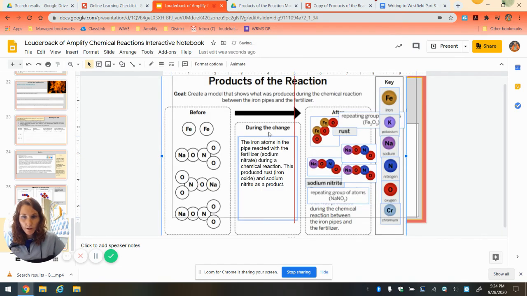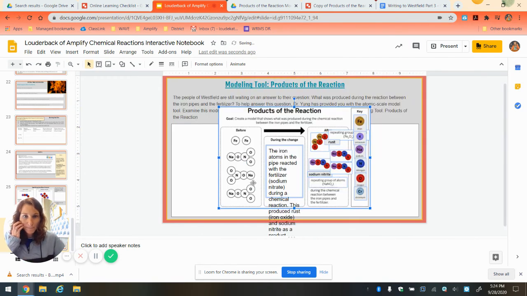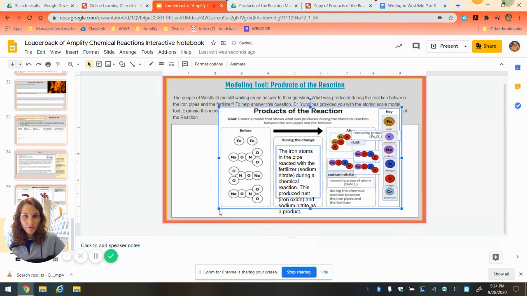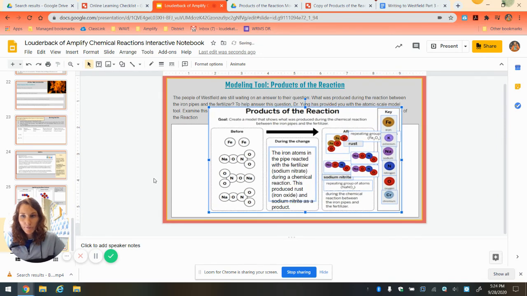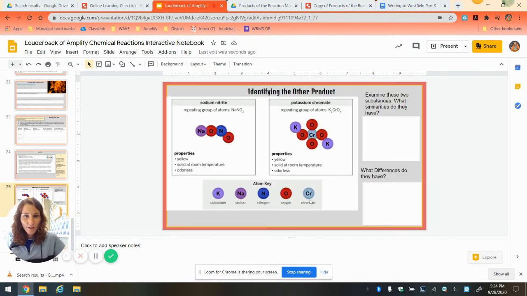Okay, and obviously I'm going to need to adjust the sizing format so that it's easier to see. There we go, that's better. All right, and that kind of ties into the question, what else was produced? Well, it would be the sodium nitrite that was produced. That's the other mystery item that we now have.